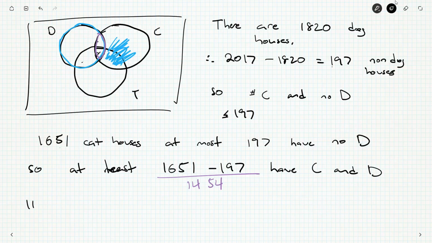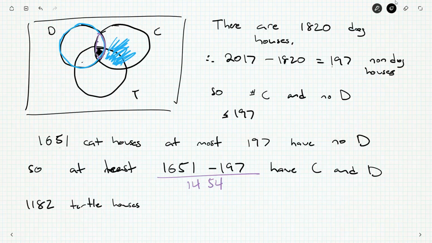So I know there are 1182 turtle houses. Okay, now the turtles overlap here, so there could be some gap here. So the total in here is 1454.